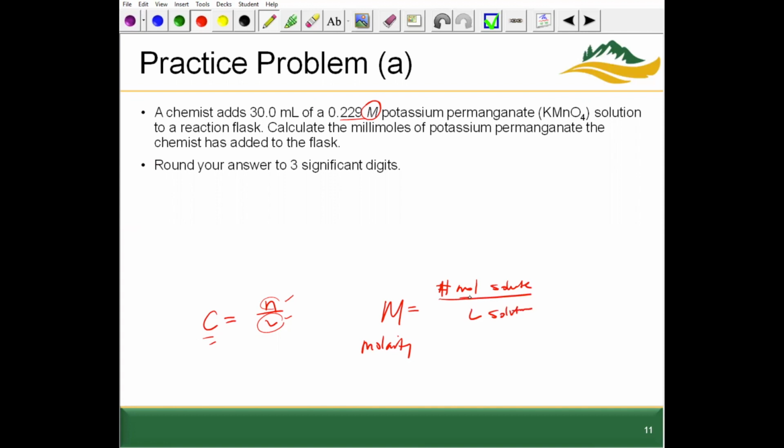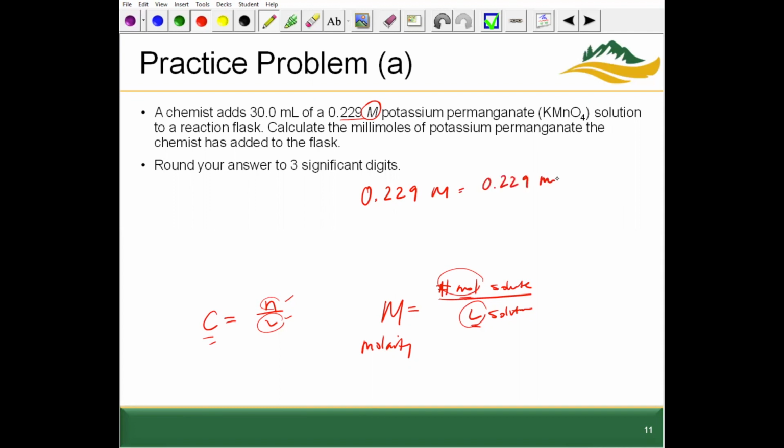So always just moles, not micromoles, always just liters, not milliliters, not deciliters, always just moles per liter. So right away when we see this capital M, I want you to get used to writing out 0.229 capital M or molar, but what is that really equal to?